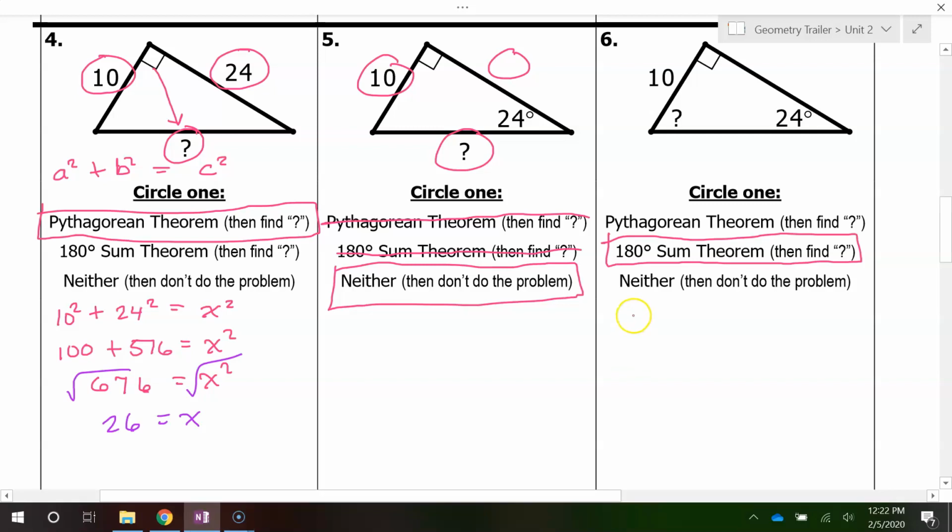So you could say x plus 90 plus 24 is equal to 180. So if you were thinking, just add these up and subtract from 180, that's what we're doing, because right now we're going to add these up, and that's going to make 114. And then we will subtract from 180.